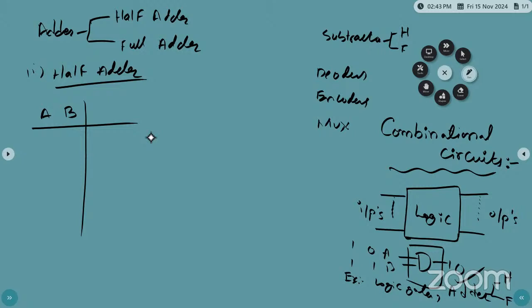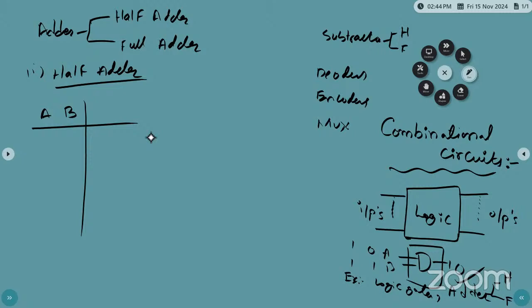What type of results will we get after the addition operation?